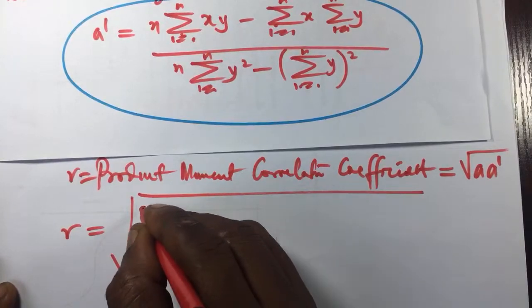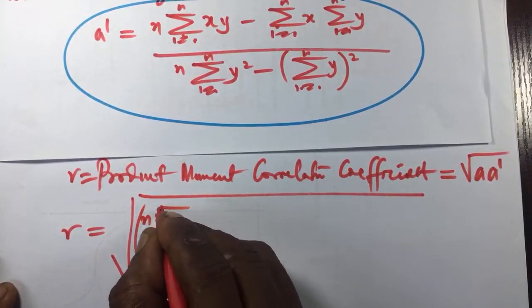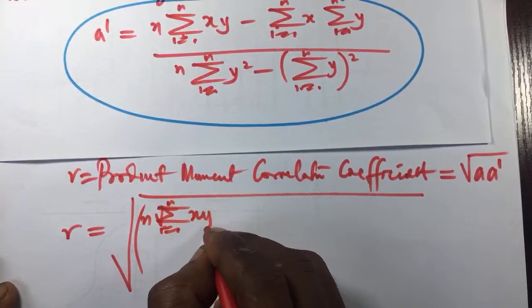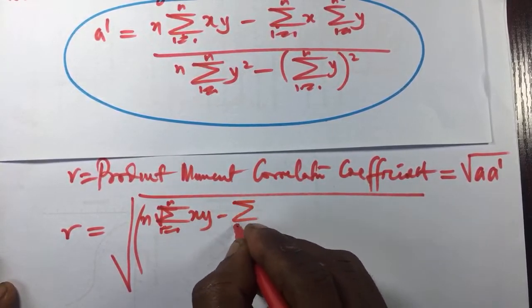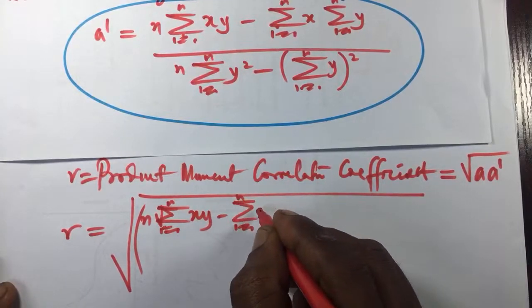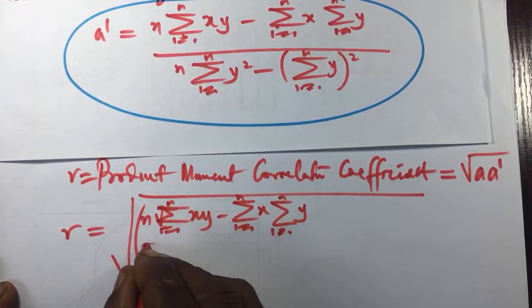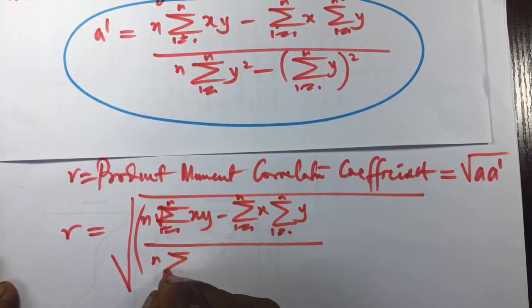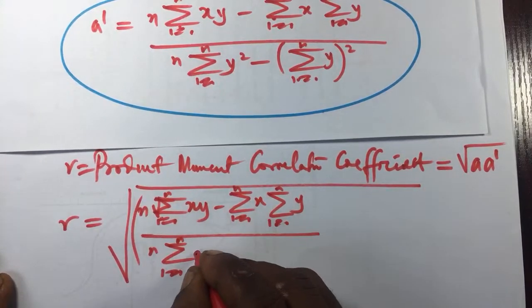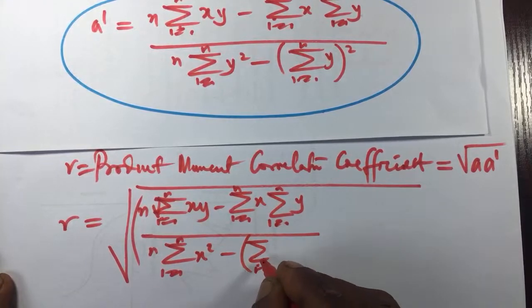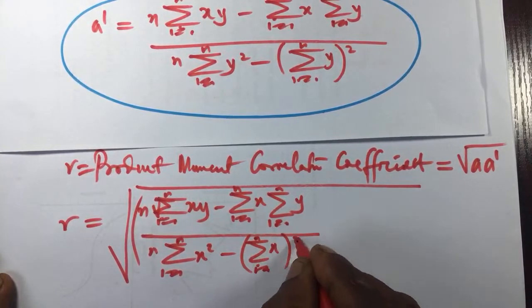Our A is n summation from i equals 1 to n xy minus summation from i equals 1 to n x summation from i equals 1 to n y, all over n summation from i equals 1 to n x squared minus summation in bracket from i equals 1 to n x all squared.